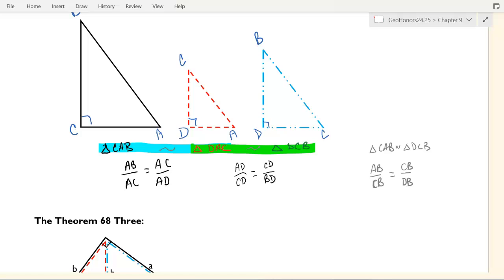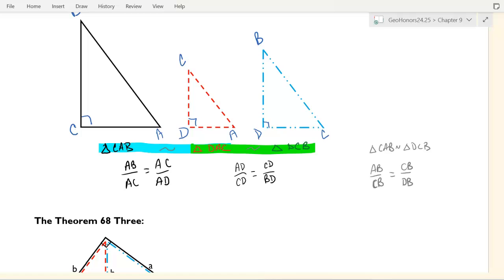In each of these three cases, I want you to recognize that what we've created are geometric means. AB and AD in my first ratio are my extremes, and AC and AC, those are my means. And I have CD and CD as my means, CB and CB as those means.